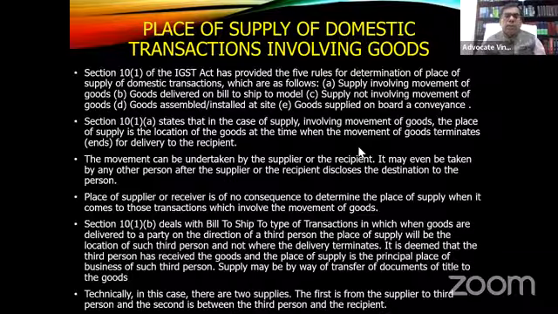Mr. Choksi is asking, in case of tool supply, can we do bill to other state customer and ship to vendor's own place state from where vendor is located and charge IGST? This question is also not very clear to me. If you can elaborate further, I will be able to answer.